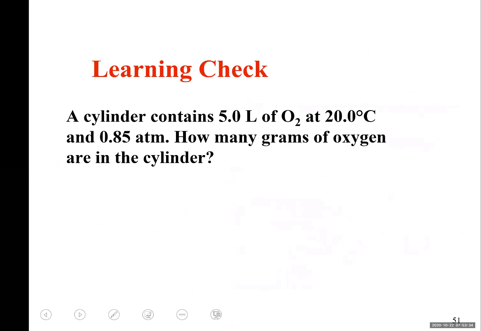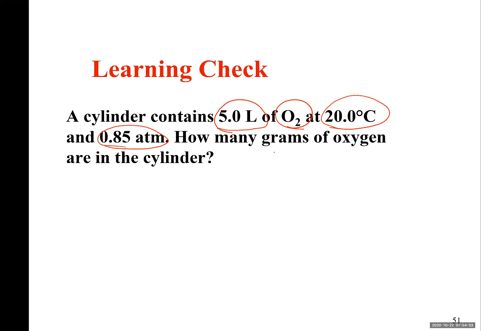So let's look at this example. A cylinder contains 5 liters of oxygen at 20 degrees Celsius and 0.85 atm. How many grams of oxygen are in the cylinder?